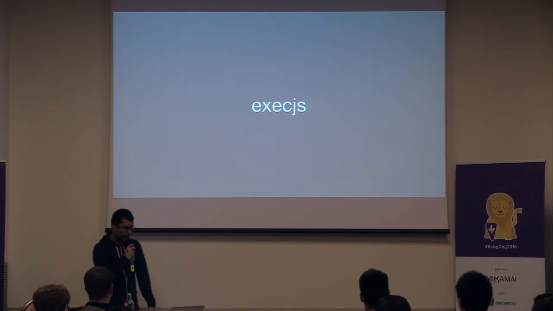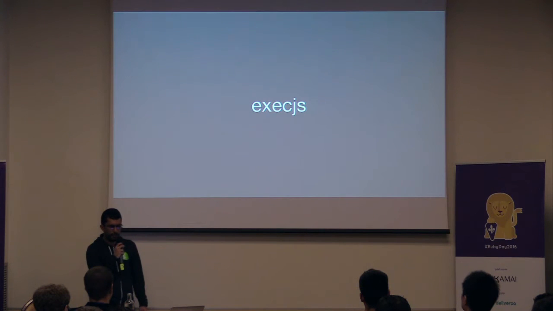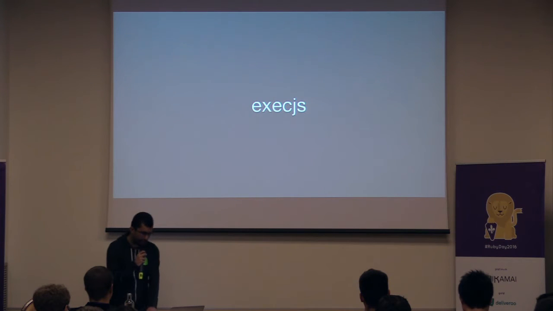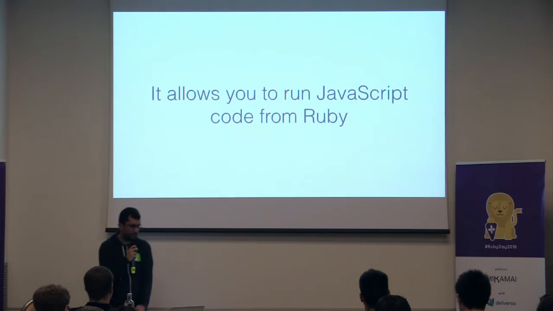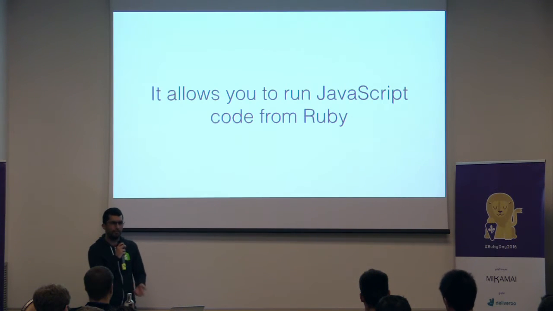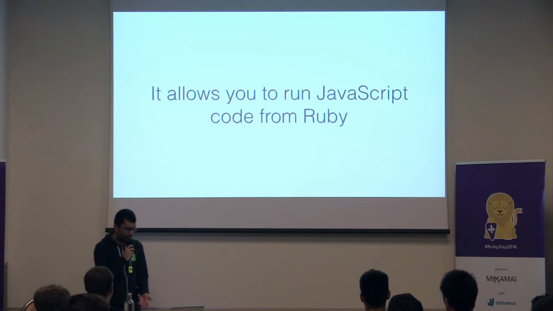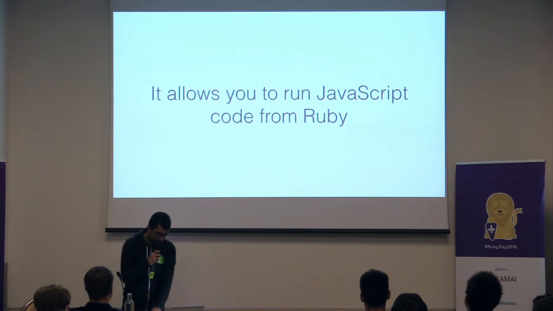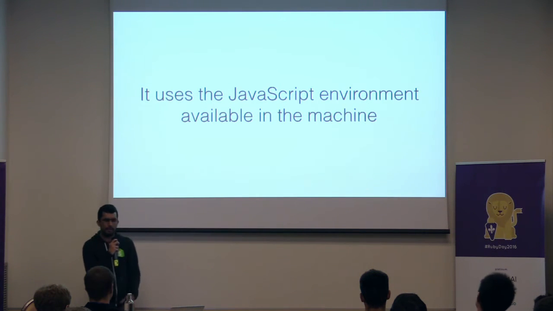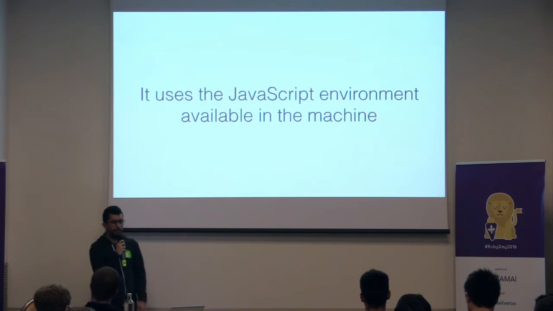The next gem we have is the ExecJS gem, and the name actually tells what it does. It allows you to run JavaScript code inside Ruby. It's kind of a hack, like you are actually running JavaScript from the Ruby VM, but it works really well. And it's actually using the JavaScript environment that you already have on your machine.